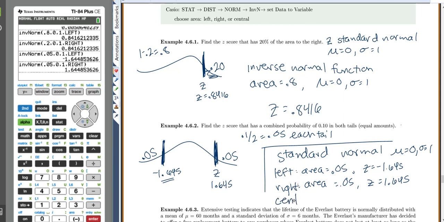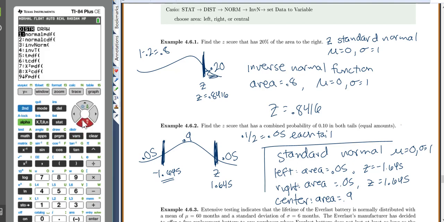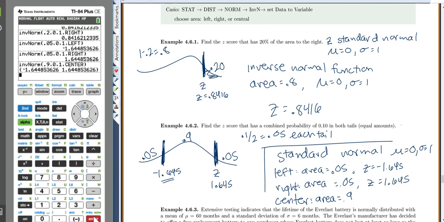I could also do the center. So if my tails are at 0.1, then that means the middle has to be 0.9. So let's see if I could just try 0.9 in the middle. Let's do 0.9. Let's do center. Okay. And to get 0.9 in the center, you're going from z equals negative 1.65 to 1.65.